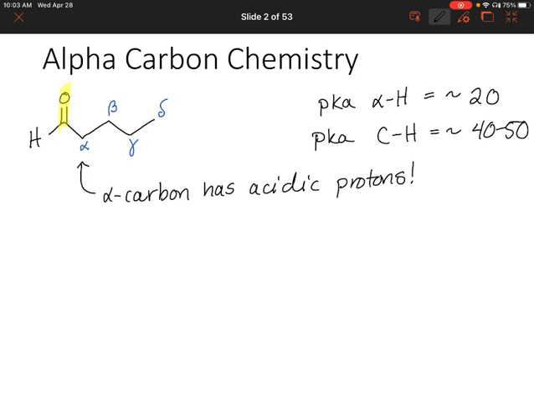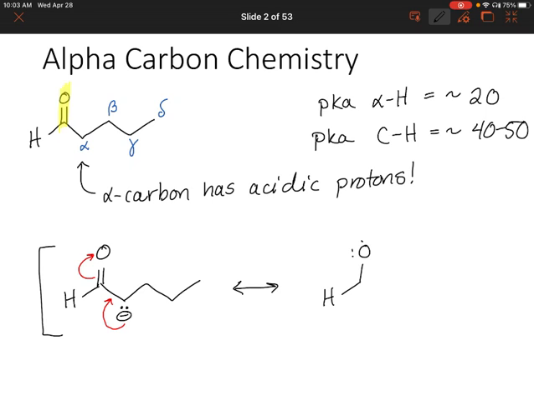Let's say that we remove one of the alpha protons from our aldehyde. That would leave a negative charge on the alpha carbon, and we can form a resonance structure. We could move those electrons over, and that would move pi electrons up to oxygen. Now we would have a negatively charged oxygen, and a double bond next to the carbonyl carbon.